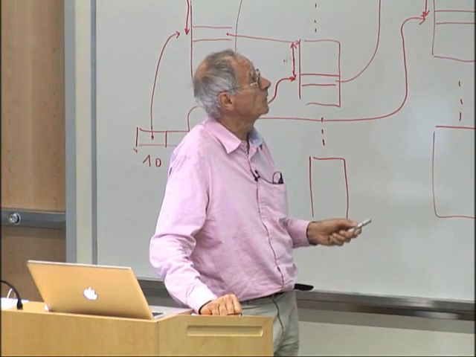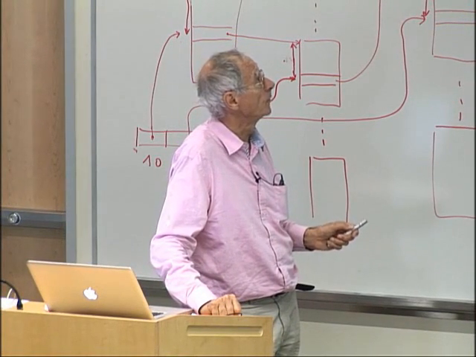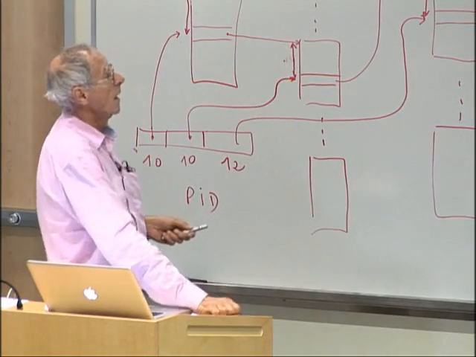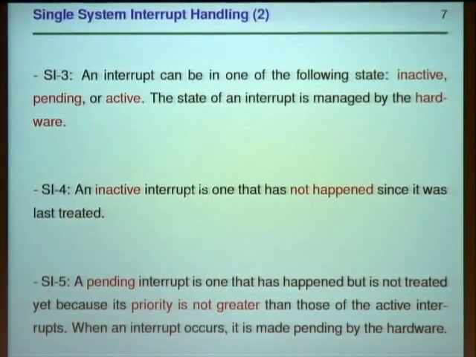So now I'm going to describe a little more carefully these three things and explain with some short statement like this. An inactive interrupt is one that has not happened since it was last treated. A pending interrupt is one that has happened but is not treated yet because its priority is not big enough.